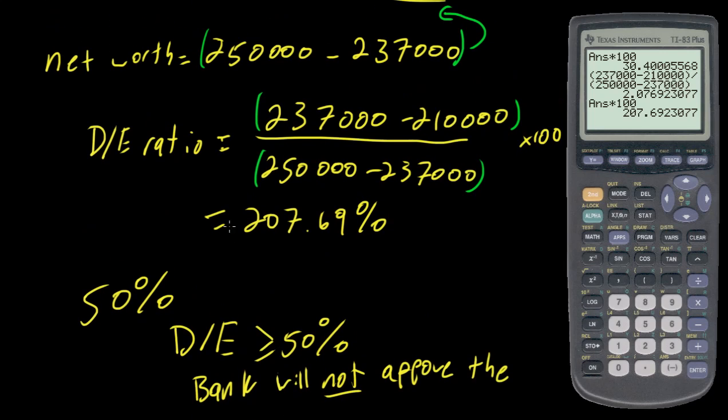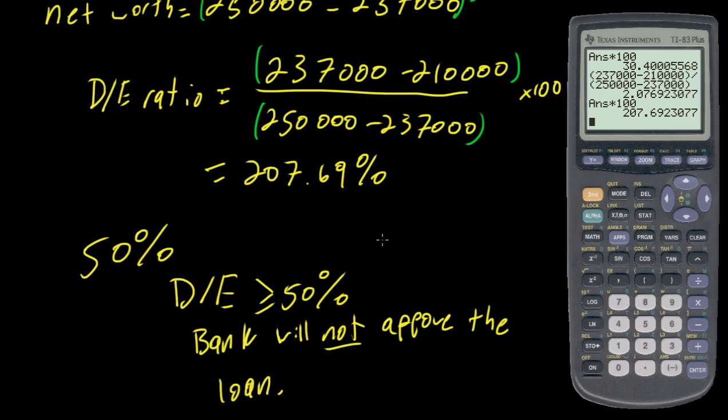So in this case, his debt to equity ratio with that extra $7,000 loan is well beyond what the bank is willing to take a risk on, and they're not going to give him a loan for $7,000 because his net worth won't be able to support that when we take his house out of the picture.